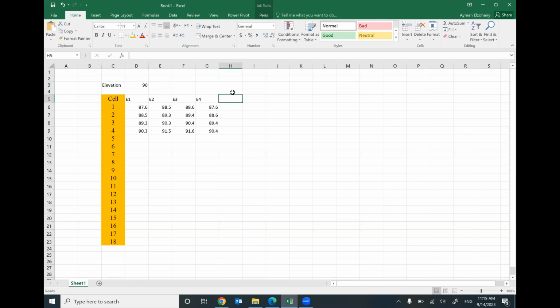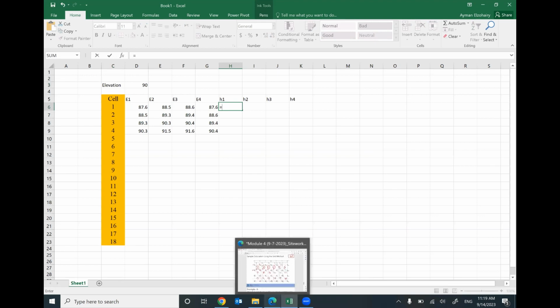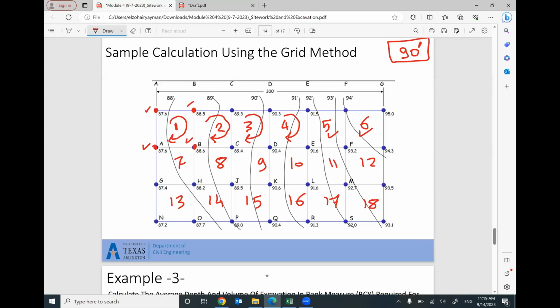Okay, so I will write here my calculation. H1, H2, H3, H4 equal. So I need to do, for example, at this corner, the elevation is 87 point something.